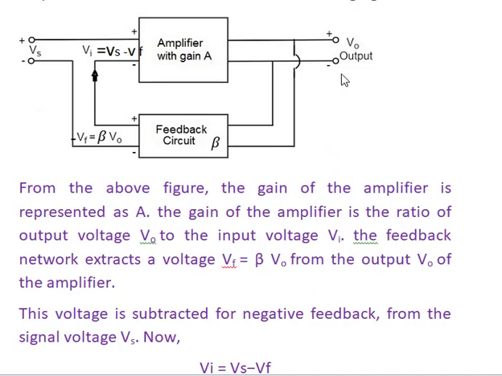After generating the output, a part of the output is taken here, and the feedback network extracts the feedback voltage VF, a part of the voltage from the output of the amplifier.